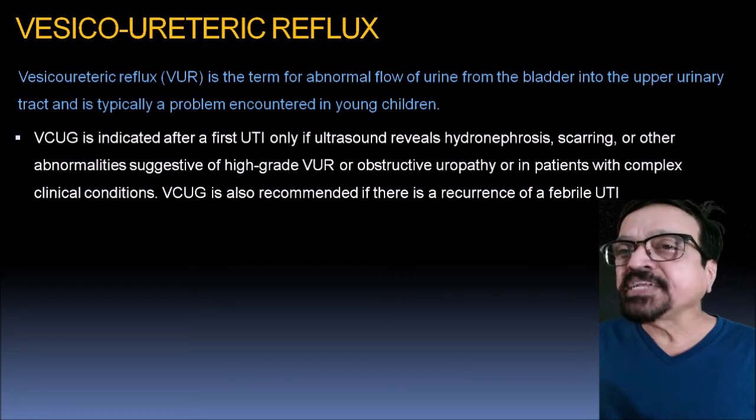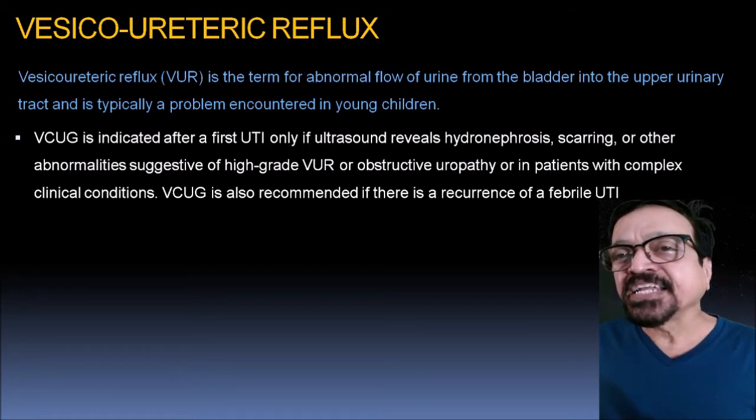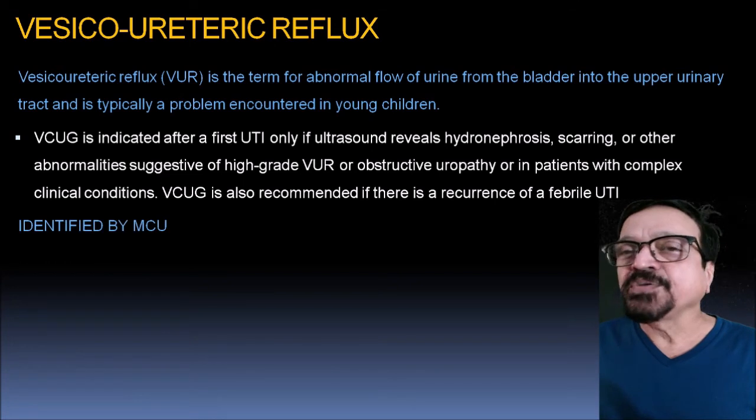VUR can also be detected on ultrasound. So it's an ultrasound detectable abnormality, and in obstructive uropathy or in patients with complex clinical conditions, voiding cystourethrography is also recommended if there is recurrence of a febrile UTI.